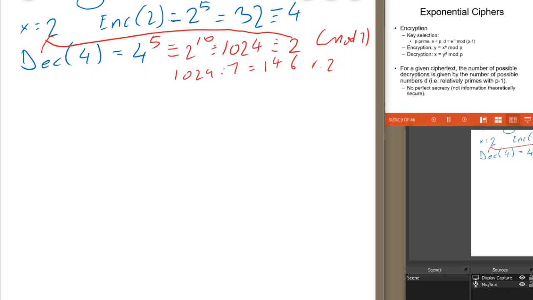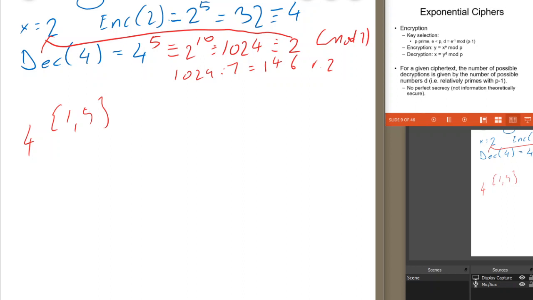In our case, the ciphertext was 4, but the only possible keys mod 7, the only numbers that are relatively prime to 7 minus 1, are 1 and 5.